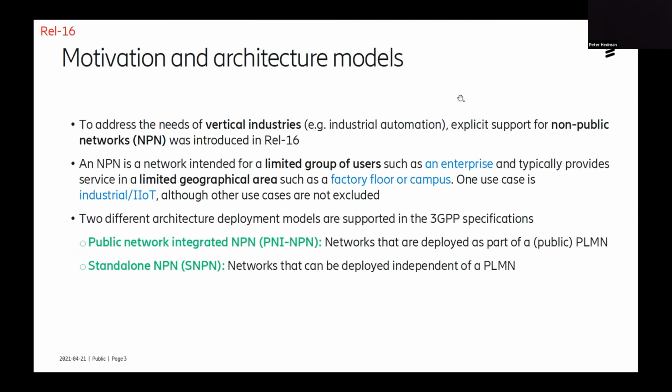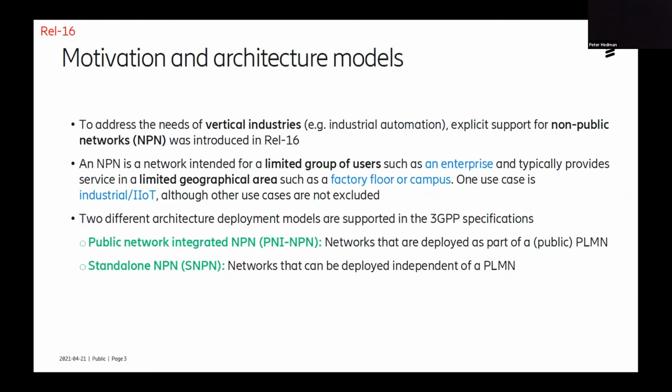So first, to recap, non-public networks or private networks have been possible to deploy earlier also with cellular systems, but it's not until now, Release 16, that we have more explicit support for addressing this vertical market, especially when there is an anticipated growth in the number of networks available.